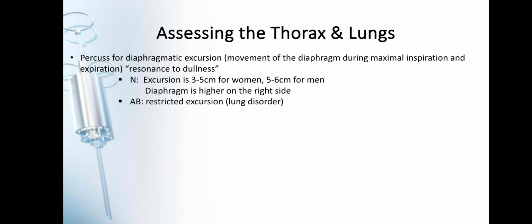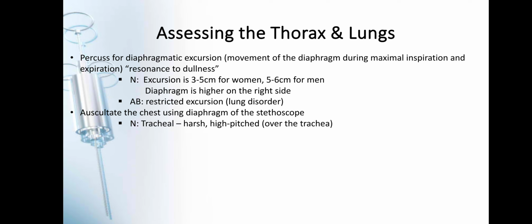The normal excursion is 3 to 5 centimeters for women and 5 to 6 centimeters for men. The diaphragm is higher on the right side because of the liver, and the right lung has three lobes, compared to the left side with only 2 lobes. The abnormal finding is a restricted excursion, meaning the patient has lung problems.